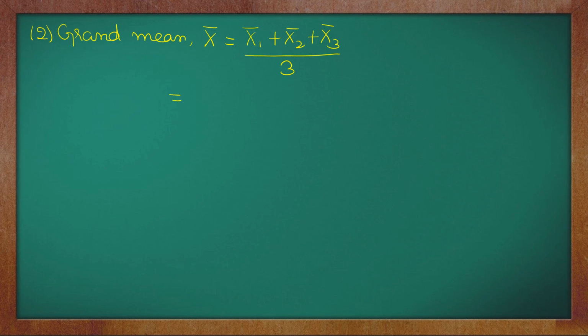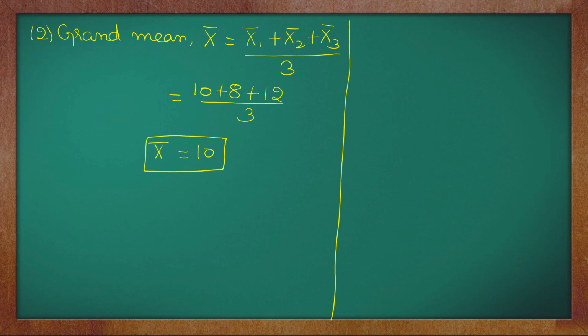So x1 bar we have calculated, that is 10. x2 bar is 8. x3 bar is 12. Divide by 3. So after calculation, my grand mean is 10. The first step was the individual means; the second step is to find the total mean.